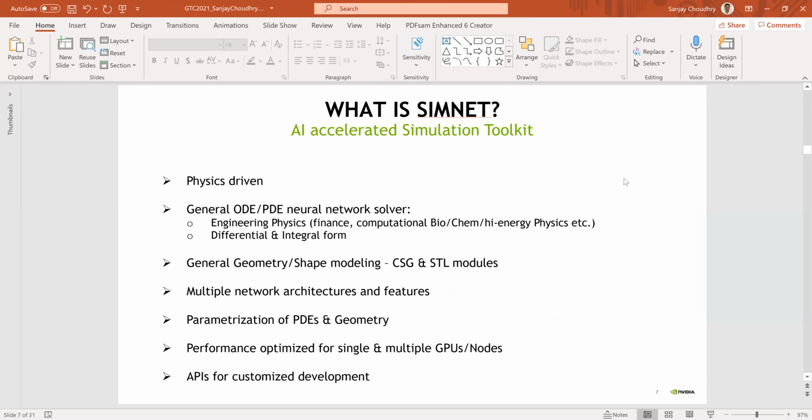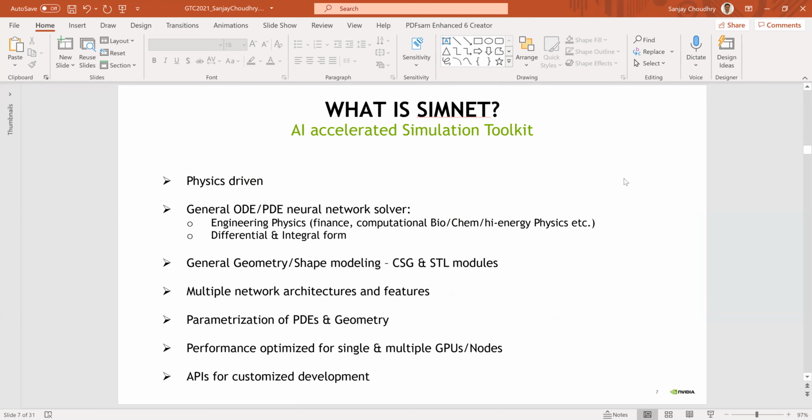So with all that, what is SimNet? SimNet is a purely physics-driven neural network, which can be applied to any general ordinary or partial differential equations.